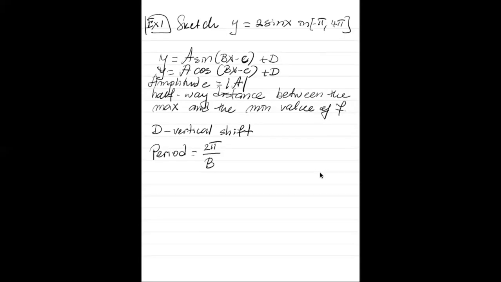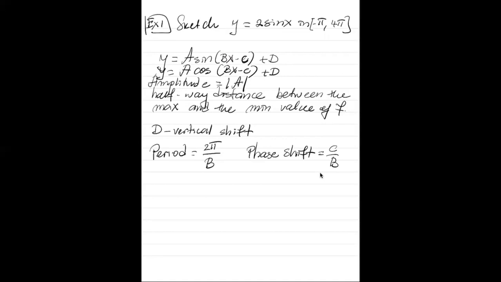And then c will be the phase shift. We'll talk about it. Maybe we should write this down. So let's write down phase shift or horizontal shift. That is a number, c over b, or how many units you shift the graph to the left or to the right.